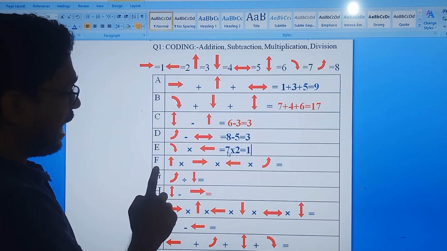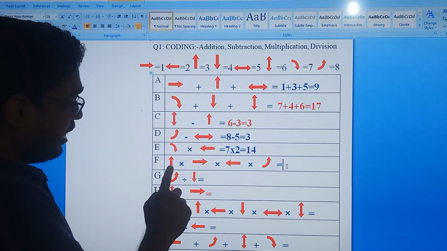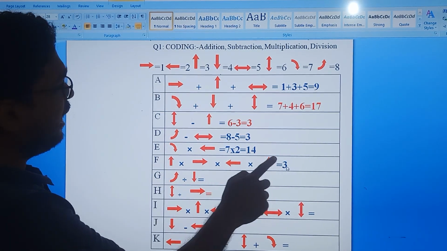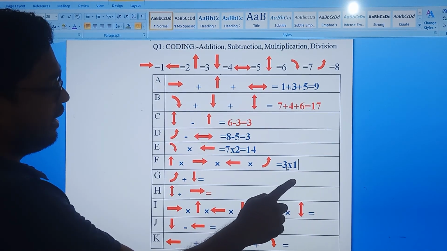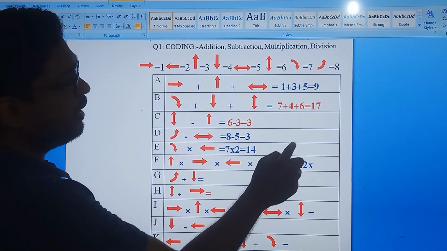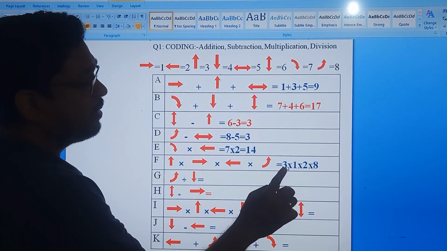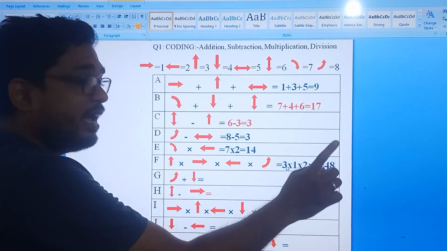Now come to bit F. What is the value of this arrow? 3 into, what is the value of this arrow? It's 1 into 2 into 8. What is the value of 3 into 1 into 2 into 8? It's nothing but 48.